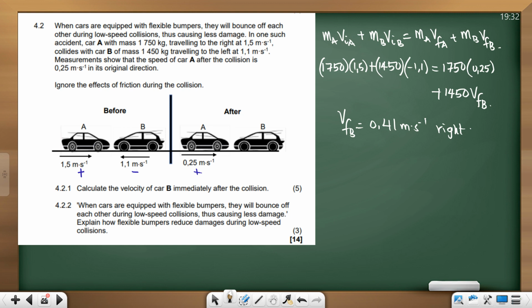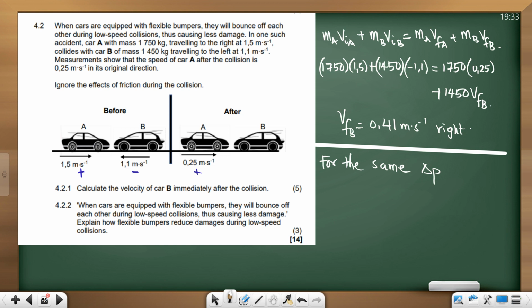When cars are equipped with flexible bumpers, they will bounce off each other during low-speed collisions, thus causing what? Less damage. Explain how flexible bumpers reduce it. Look, it's 3 marks. This is what I'm going to say. Winners most likely always get 2 marks here. For the same delta P, that's 1 mark.